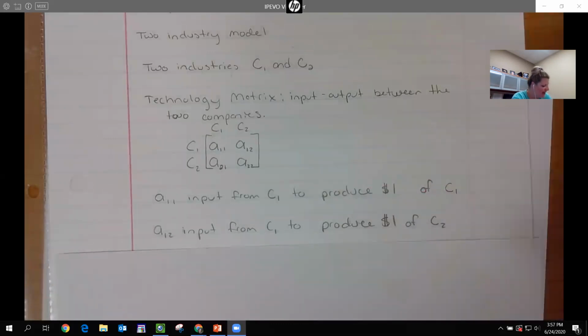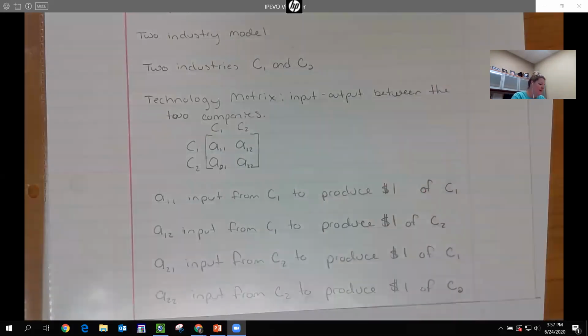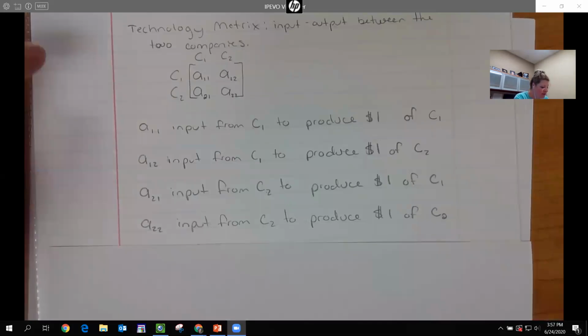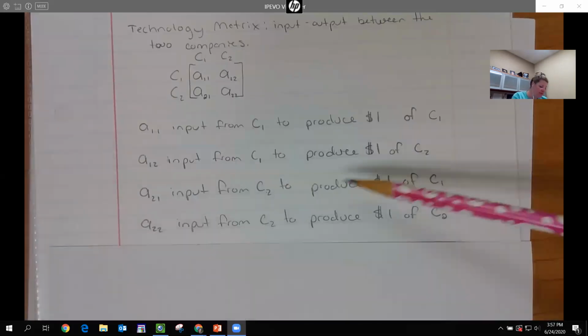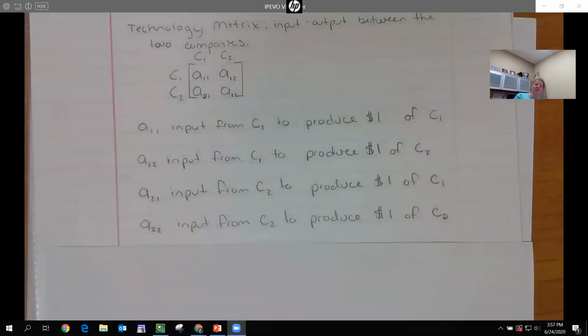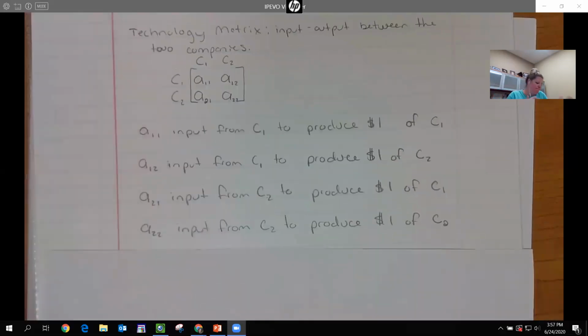And so forth for the next two. For the bottom row, the input from C2 to produce $1 of C1, and the last spot is to produce $1 of C2. Pause, write that example down.